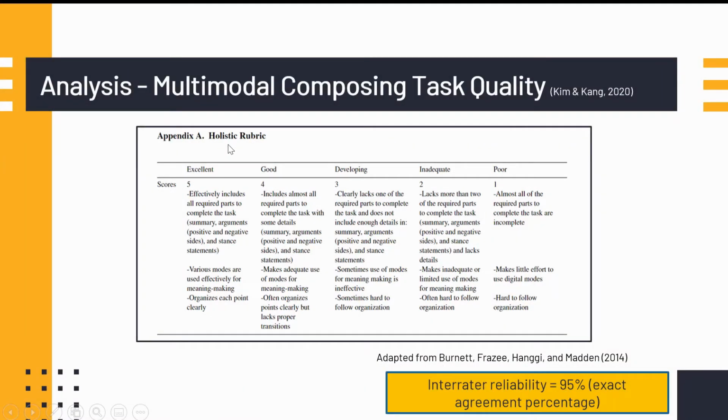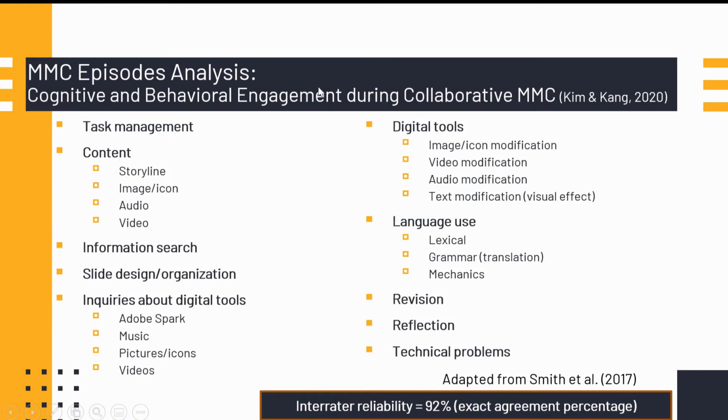So we use a holistic rubric to grade the multimodal composing task quality. In terms of cognitive and behavior engagement during the collaborative MMC task, we recorded students' interaction, transcribed the data, and identified the topics that they discussed during task performance.